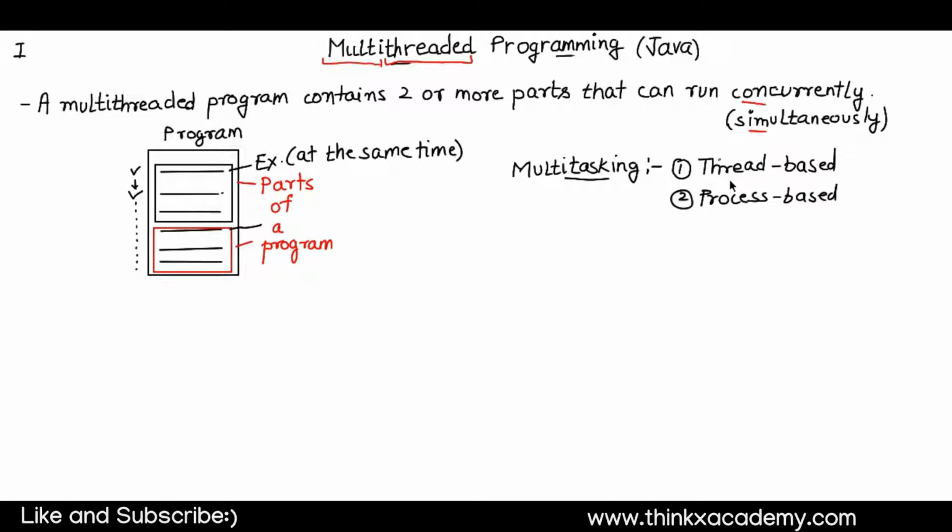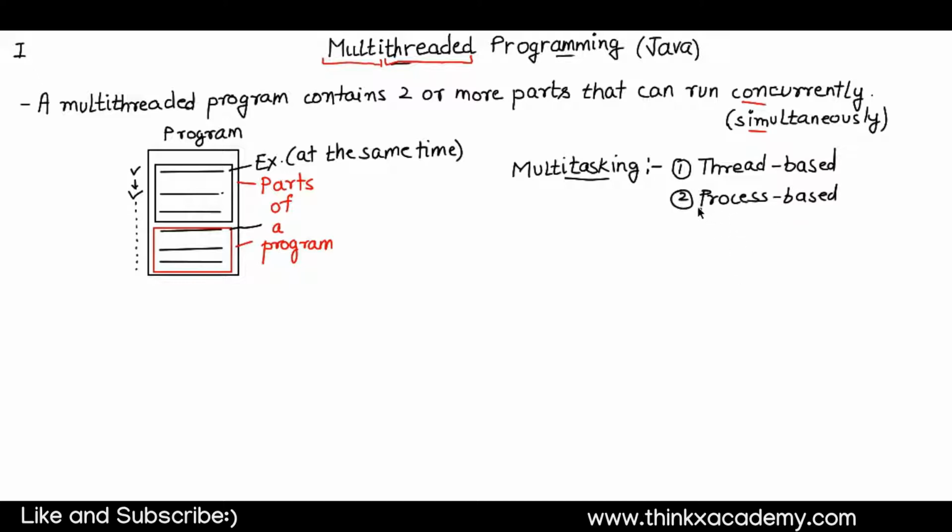We need to understand all the terms that I'm going to define in this tutorial, because they are needed to write our program. We will have to know the technical details behind multi-threaded programming. So multitasking is of two types, one is thread based and one is process based.